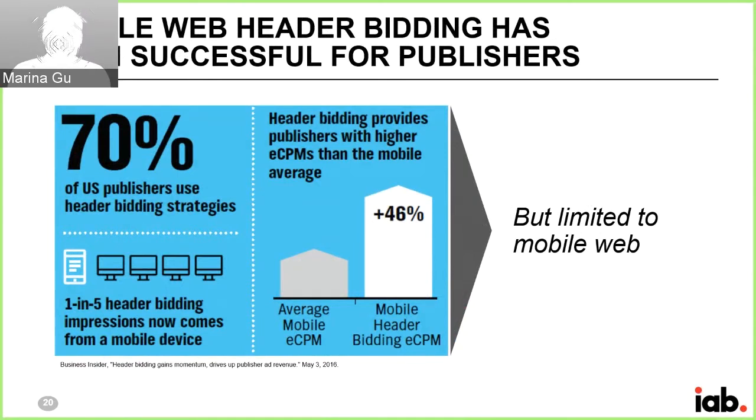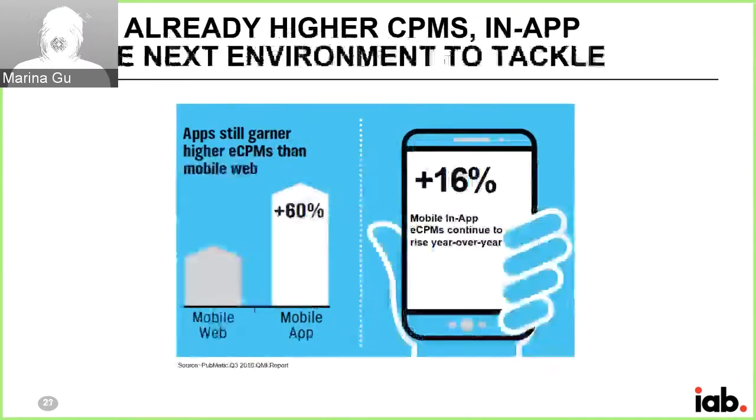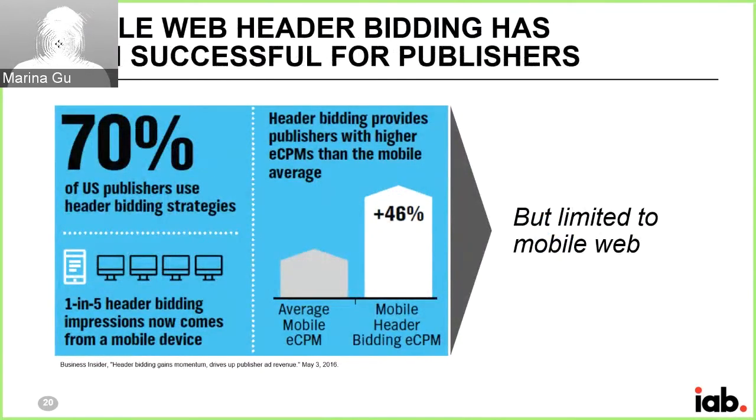So we typically see a 30 to 60% revenue increase from the simple adoption of a header solution from a tag-based solution. So, 70% of, sorry to go back, Eva, 70% of publishers actually use header today, at least in the US.